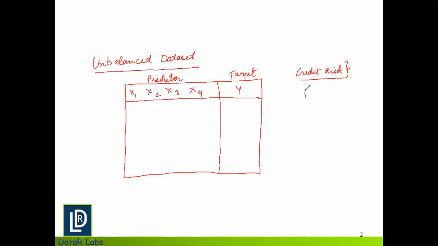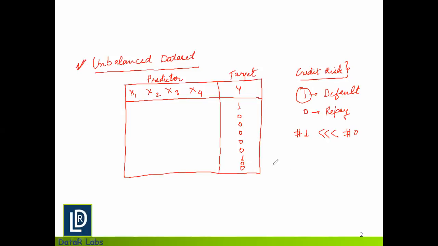So if 1 corresponds to people who are defaulting, and 0 corresponds to people who are repaying the loan back, the number of ones is far less than the number of zeros, which means that in this data set, I would have far fewer ones than the number of zeros. So this is what an unbalanced data set is.